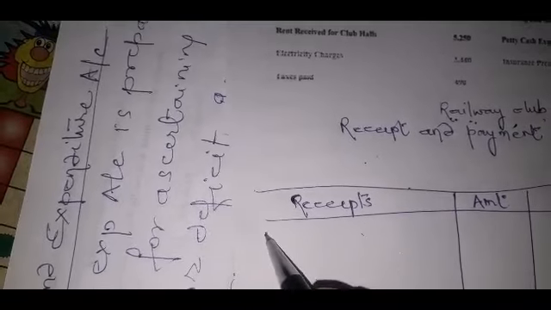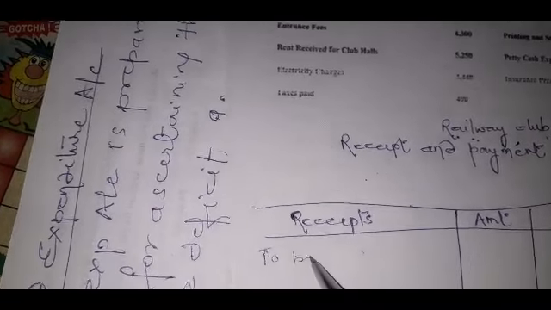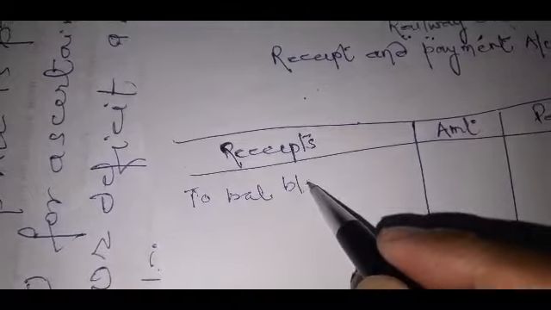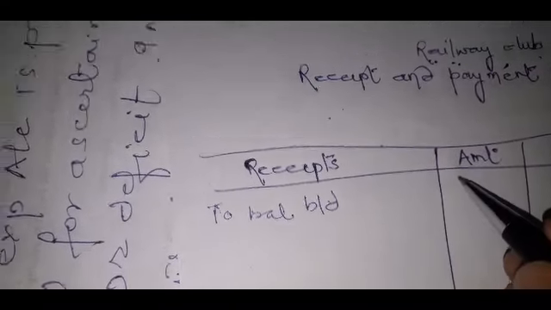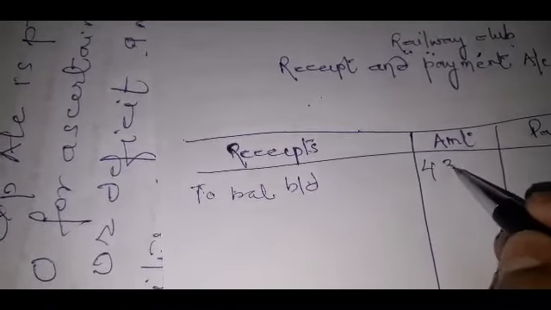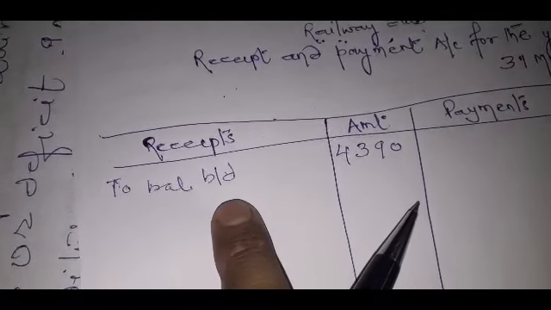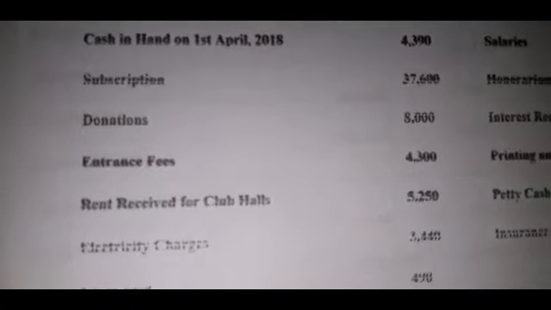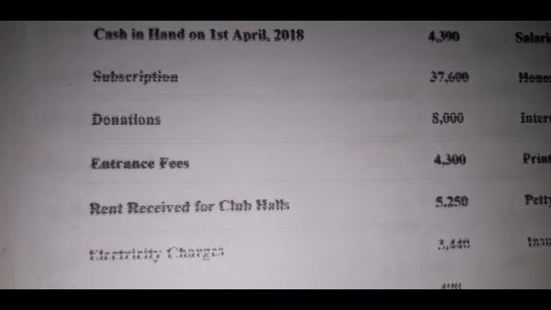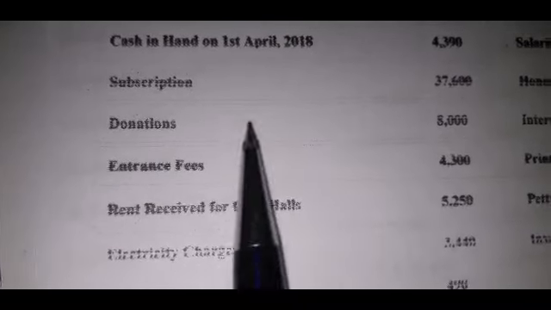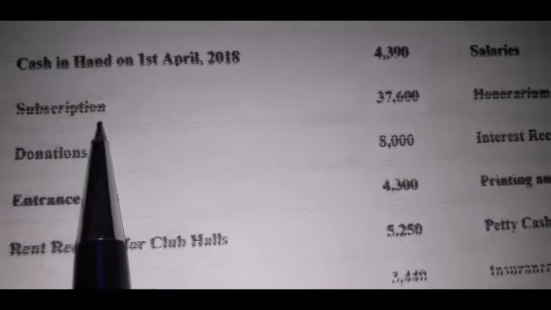So we'll start the account with the balance brought down, 4,390 rupees. This is the opening cash balance. Then the next item is subscription. Subscription is a major source of income of any club. So it is an income.